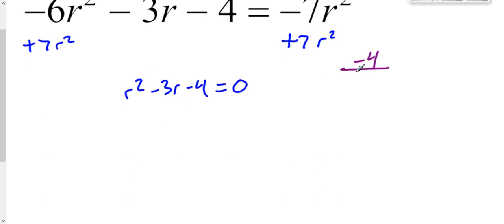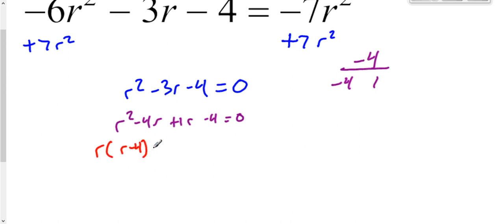We need two numbers that multiply to negative 4 that combine to negative 3. It's negative 4 and 1. r squared minus 4r plus 1r minus 4 equals 0. I can take an r from the first terms. The only thing the next two have in common is a positive 1, which is still fine because we are left with our identical binomials.